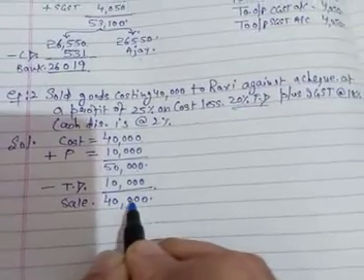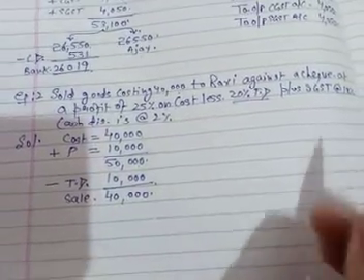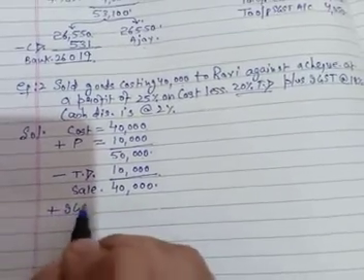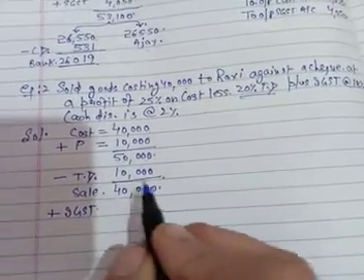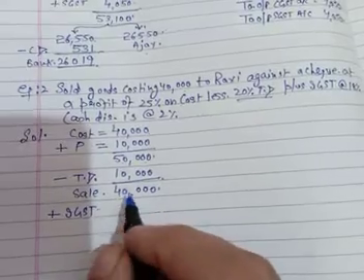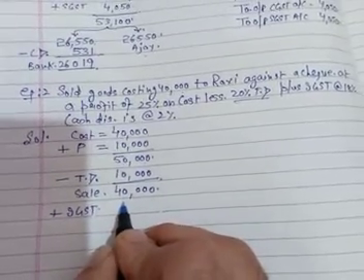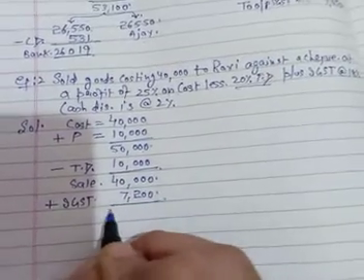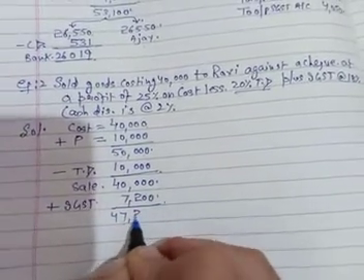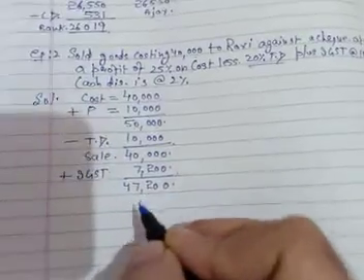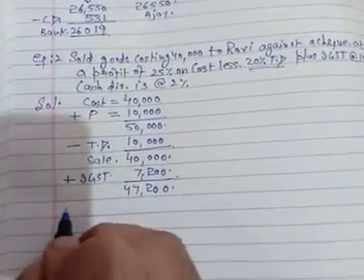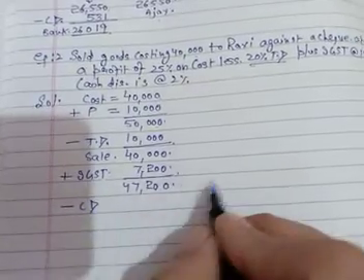Now IGST is also to be applied, plus IGST 18%. That comes out to be 18 fours are 72, 7,200. So our total amount receivable is 47,200. Now the whole amount has been received by check, so CD is applied to the whole amount.